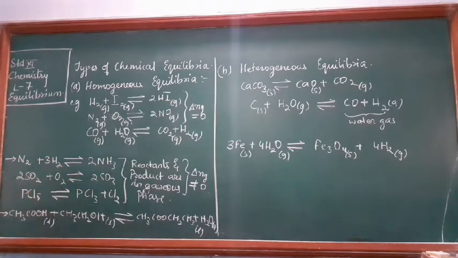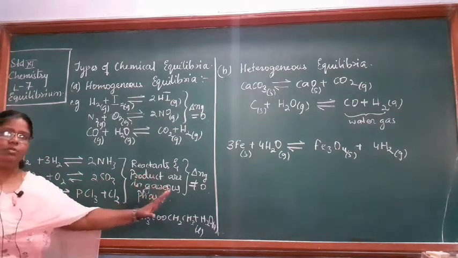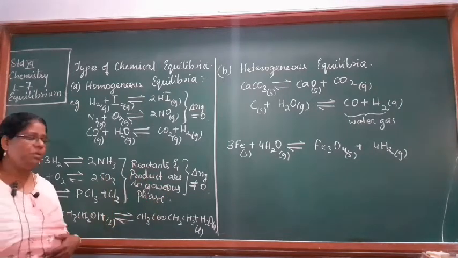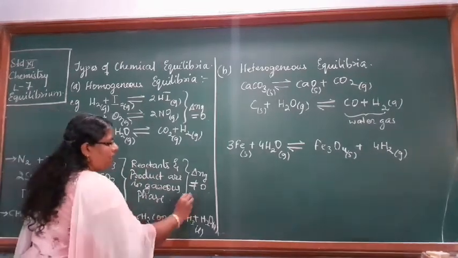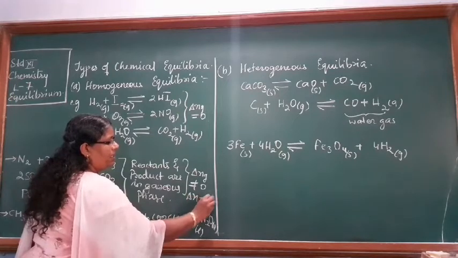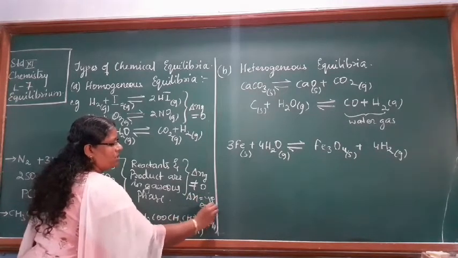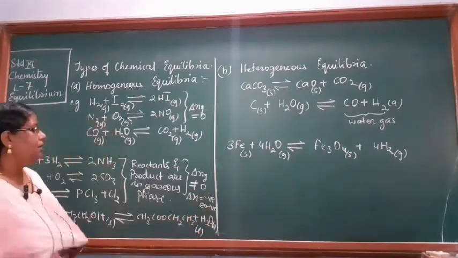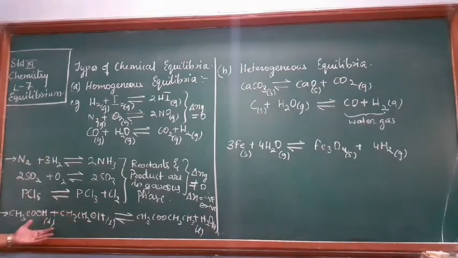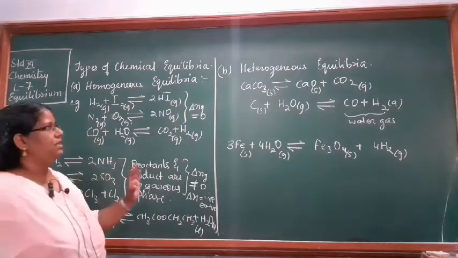So here delta ng is not equal to 0. It may be positive, it may be negative. Okay. So delta ng can be negative or positive. That is how it is. Here you can see the reaction where the reactants and products are all in the liquid phase. So this is homogeneous equilibria.